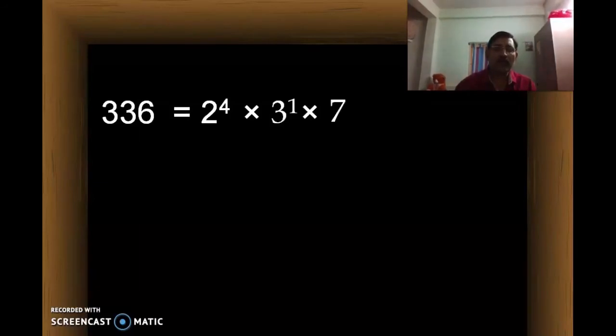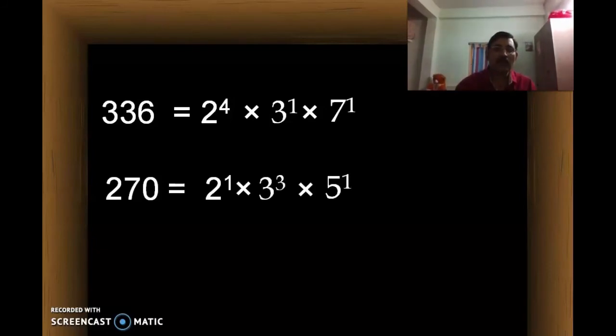Again, for finding the LCM, we take the same two numbers. 336 is equal to 2 power 4 into 3 power 1 into 7 power 1. And 270 is equal to 2 power 1 into 3 power 3 into 5 power 1. Already we found them.